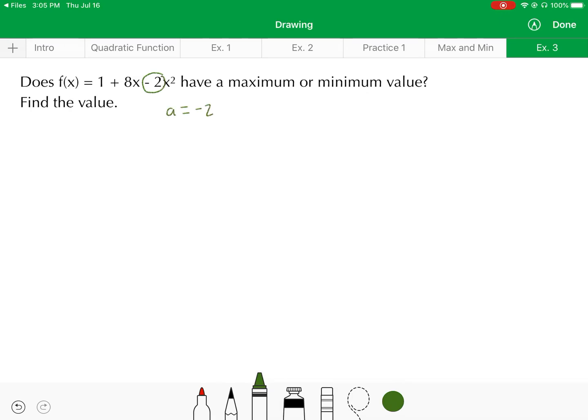All right, now that is a negative value, which means your parabola is opening downward. A is less than 0, so parabola opens down. Which means that your function is going to have a maximum.